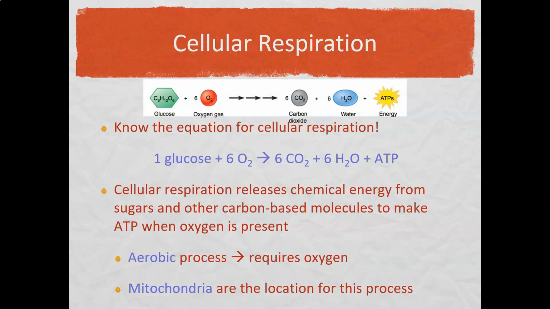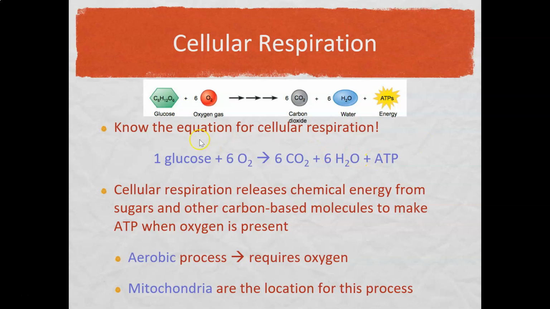So where does cellular respiration happen in our cells? It happens in our mitochondria. Our mitochondria are going to be the place that the bulk of cellular respiration occurs. And so having that organelle present in our eukaryotic cells, right, is a big deal. We're going to talk about the mitochondrial structure a little bit today as well. That's also going to be important for you to know.